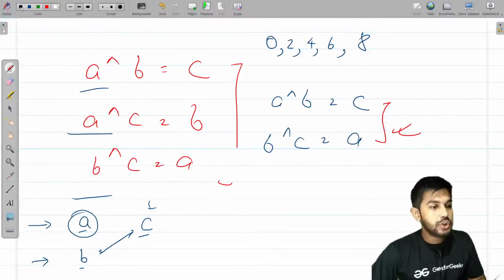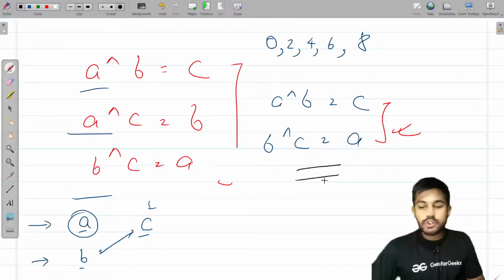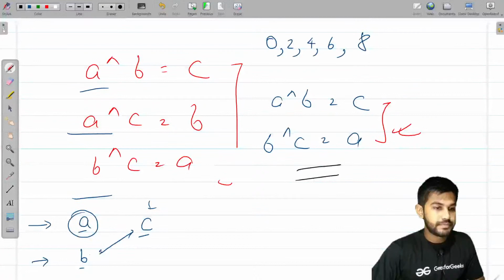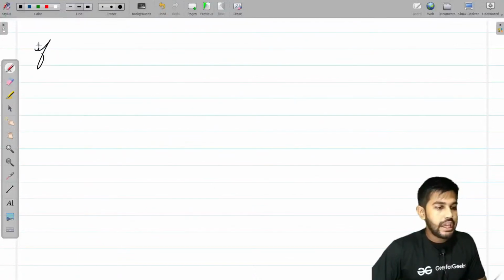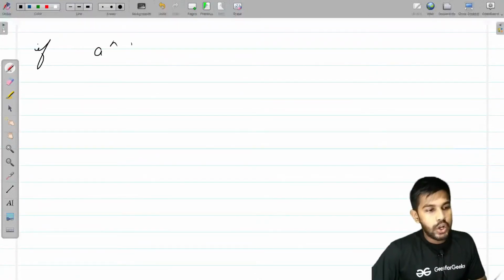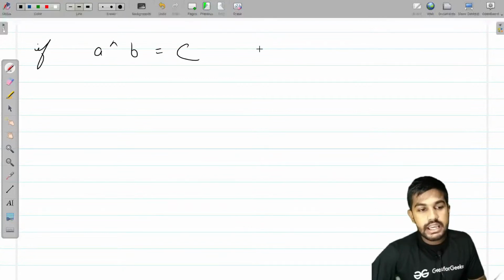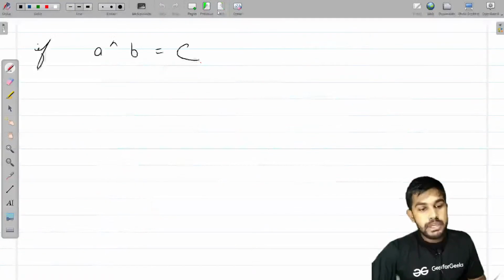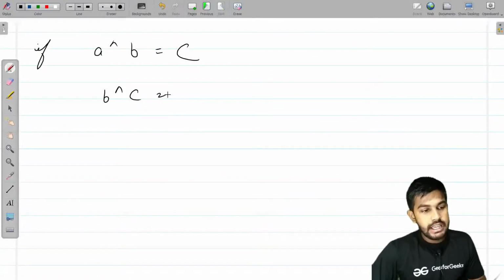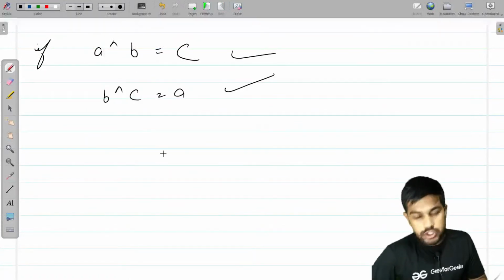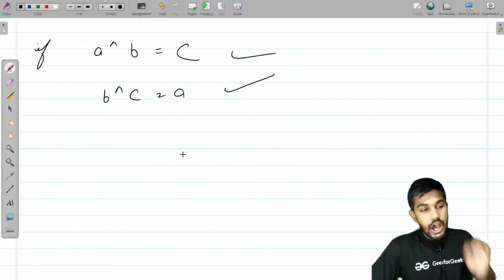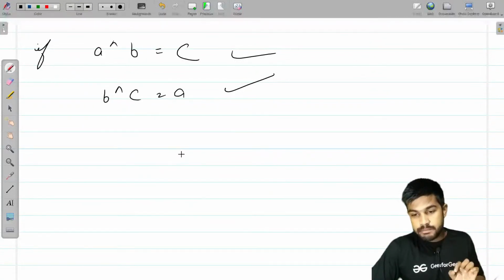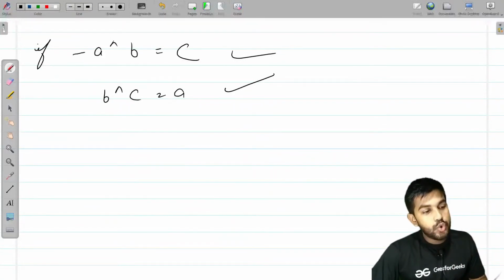Okay, so the thing to note here is that if A XOR B is equal to C exists, then B XOR C is equal to A will also exist. And how many pairs come? There are two pairs.